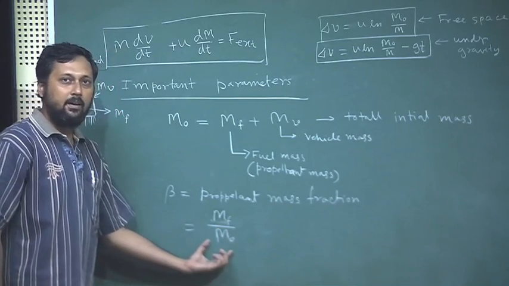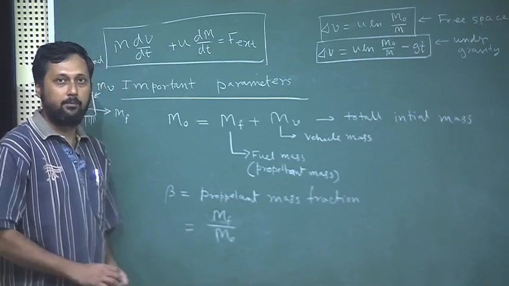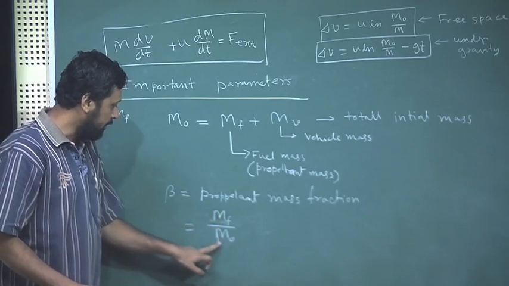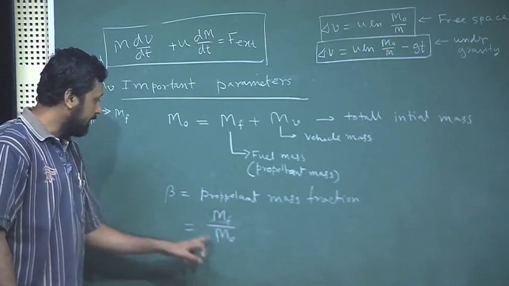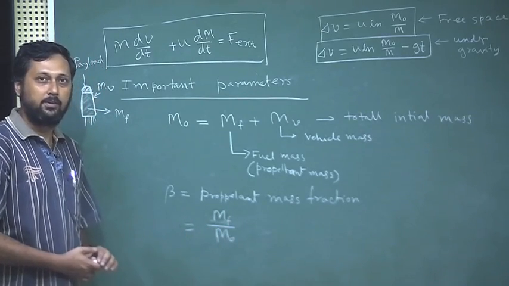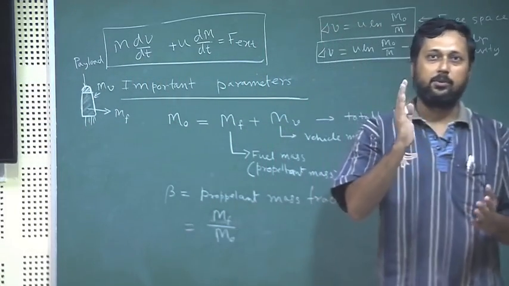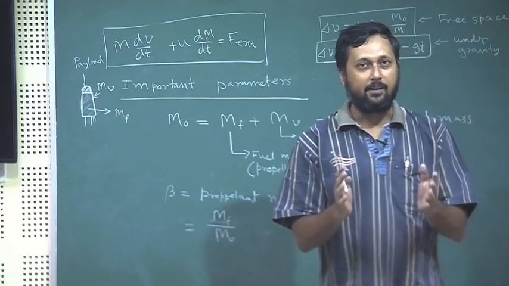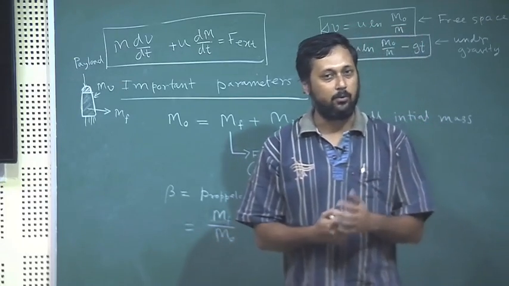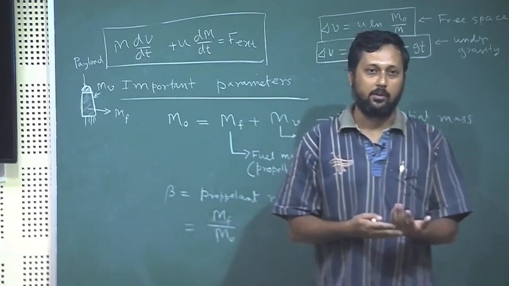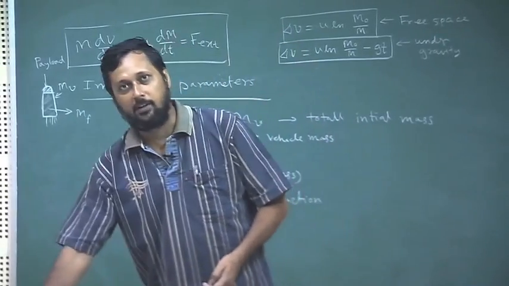This essentially tells us what percentage of the total rocket mass is fuel. I will give you data later on, but typically this quantity is of the order of 80%. So, 80% of a rocket which starts from earth vertically upwards is fuel, and the rest 20% is the payload and the empty vehicle. It could change depending on how many stages the rocket has and what type of payload it is carrying, but 80% is a good number.